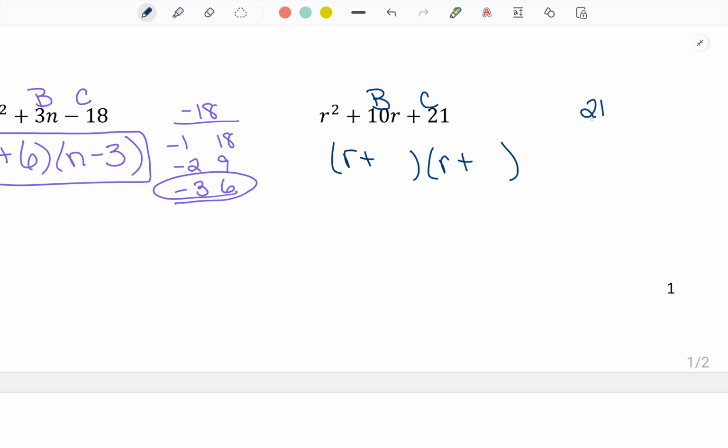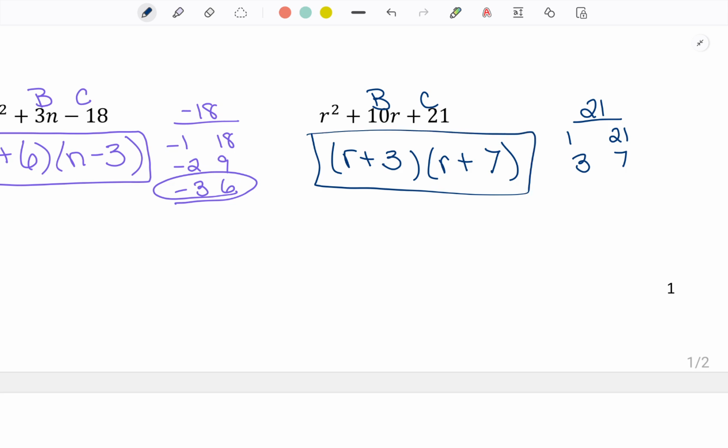So for what those somethings are, for 21, we have 1 and 21. 2 will not work, but then we have 3 and 7. So 1 plus 21 is 22. So that is definitely not going to work for our b. But then 3 plus 7 is 10. We already know it multiplies to be 21. So that should be our answer.